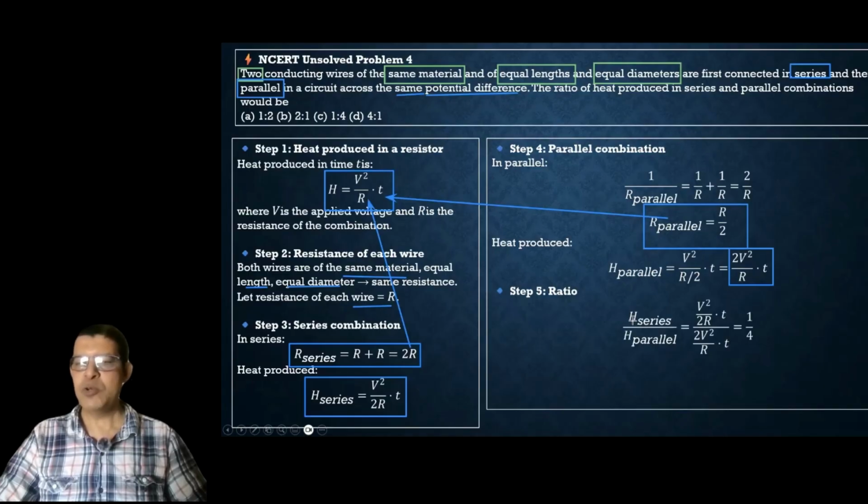It's heat produced by series, heat produced by parallel. We replace all the values, right? I'll just show it here. For series, this is the value. It will come here on the numerator. And for parallel, this is the value. It will come in the denominator. After cancelling out whatever common value, this V square will cancel with V square. This 2 will cancel. R will cancel. T will cancel.